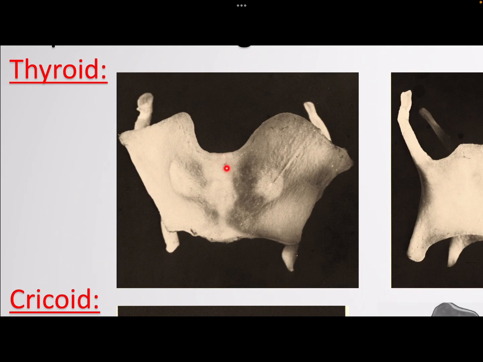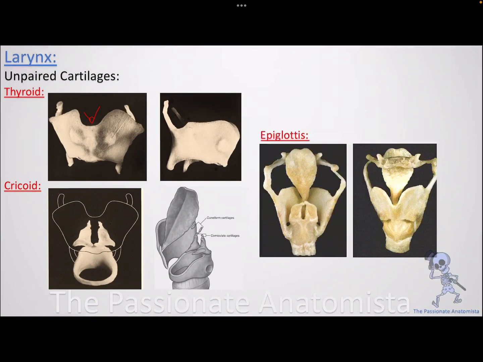This angle is basically acute in males, about 90 degrees. That's why it's more prominent. And in females, it's about 120 degrees, an obtuse angle. So the fusion of these two laminae will give you the laryngeal prominence.